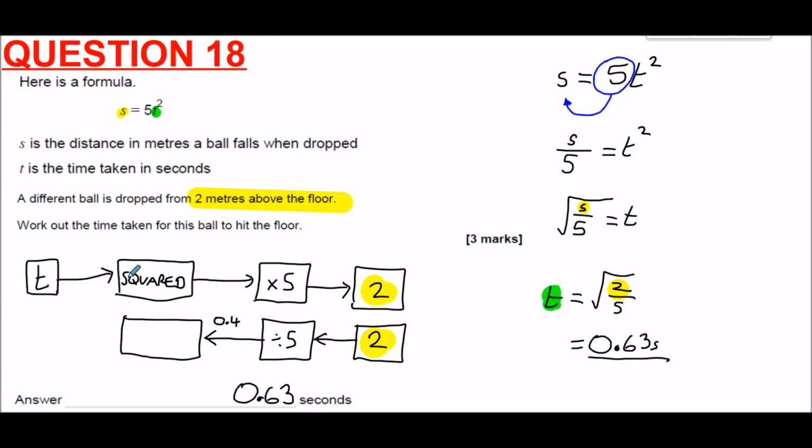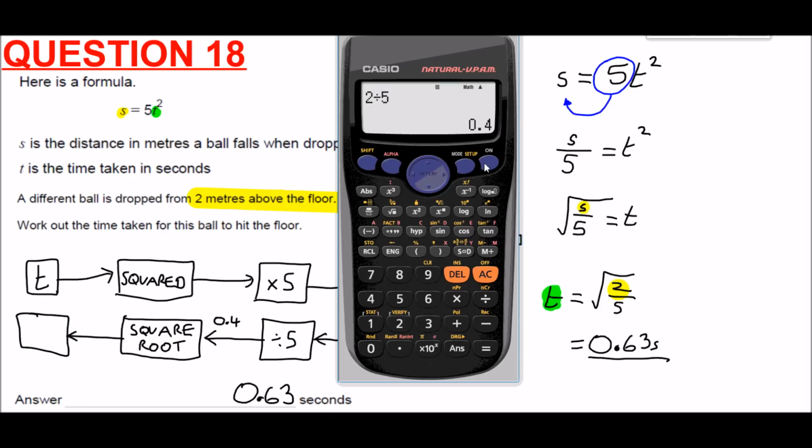And then going backwards, instead of squaring it, we're going to do the opposite of squaring something. The opposite process of squaring a number is to take the square root. And so t will be the square root of 0.4, which we can work out here.